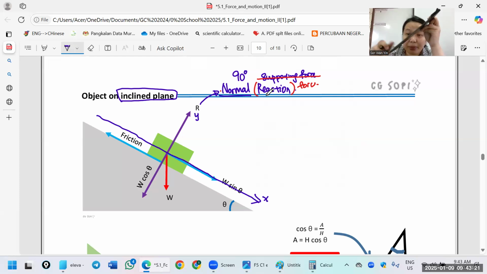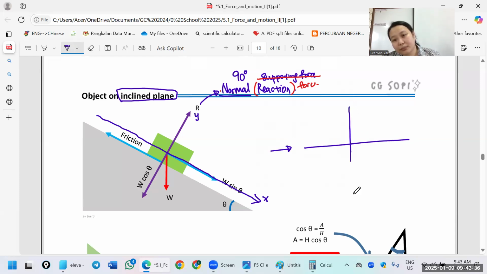The plane is inclined, but the weight always goes down. So if you tilt your head, you can make the XY axis become upright, really horizontal and really vertical.